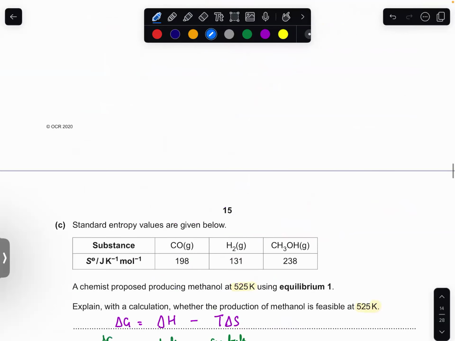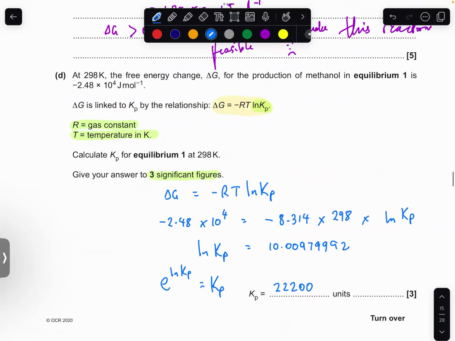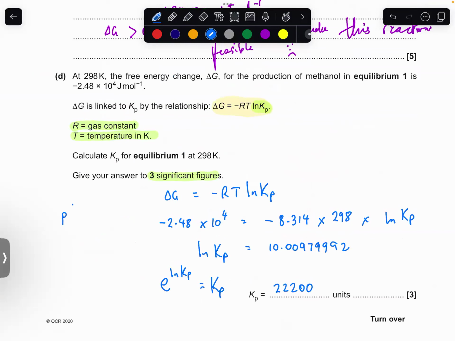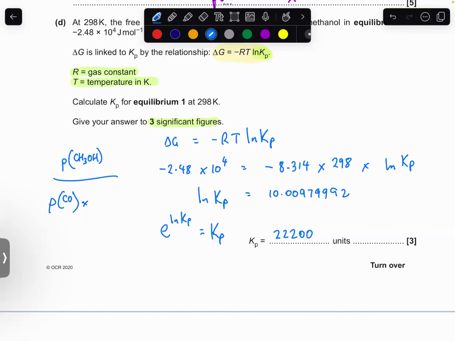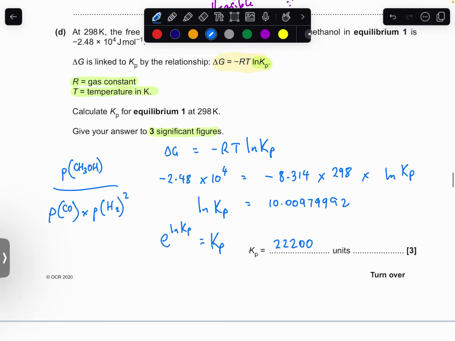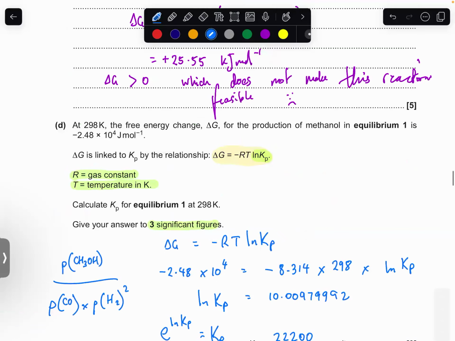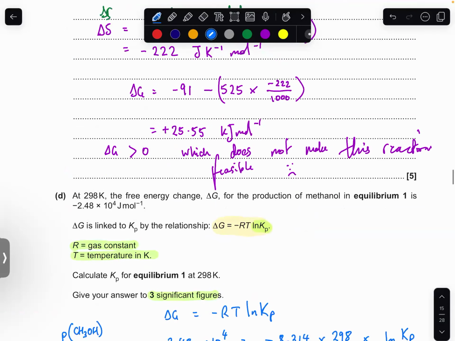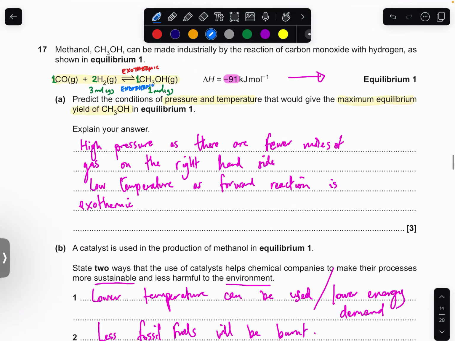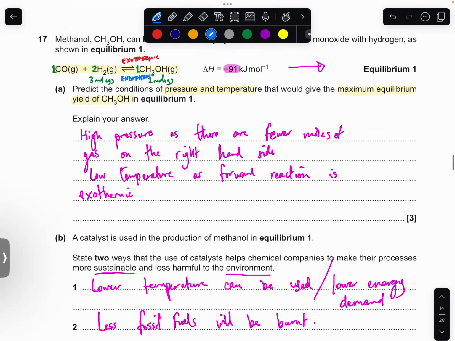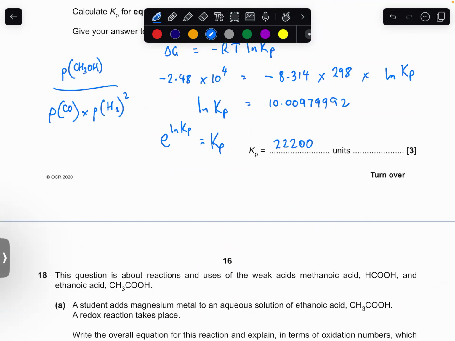Now the units of Kp. Kp is products over reactants, which is the partial pressure of methanol over the partial pressure of carbon monoxide times the partial pressure of hydrogen, squared.